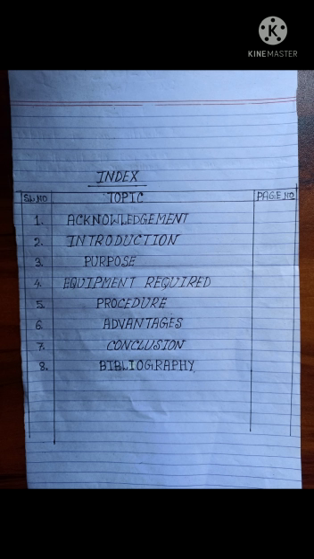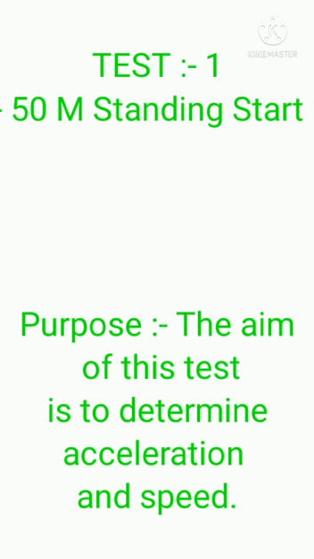Acknowledgement enables you to thank all those who have helped in carrying out the project file. Next, serial number 2 is the introduction part. In this introduction part you have to write the basic concept and topic related points.